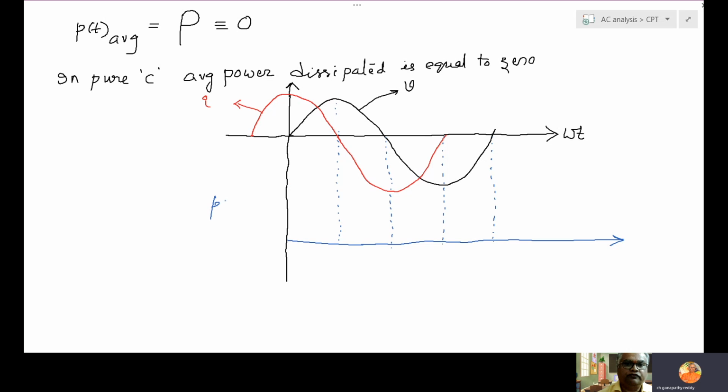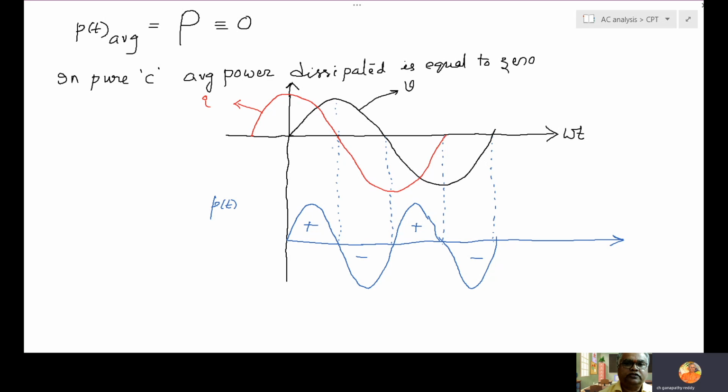So this is the power waveform P of t. Here positive, product is positive, and positive negative product is negative. So the power waveform looks like positive, negative, positive, negative.